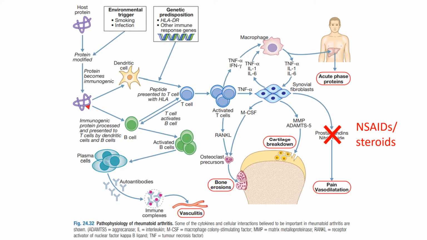There are some treatments that can decrease the acute inflammation. They are used as bridge therapies. They are symptomatic therapies to reduce pain and inflammation, and they are NSAIDs and steroids. As you know, NSAIDs and steroids inhibit prostaglandins and therefore reduce pain and vasodilatation.